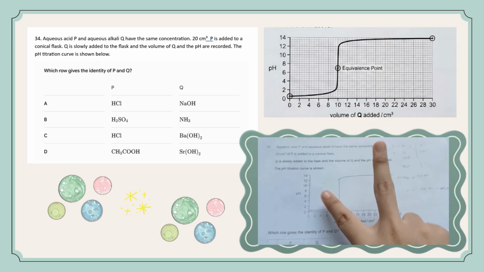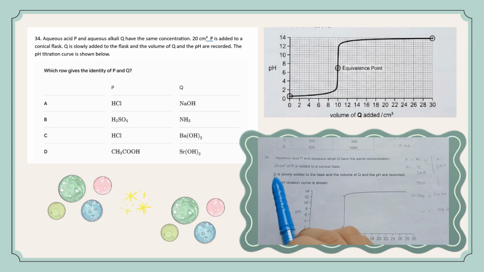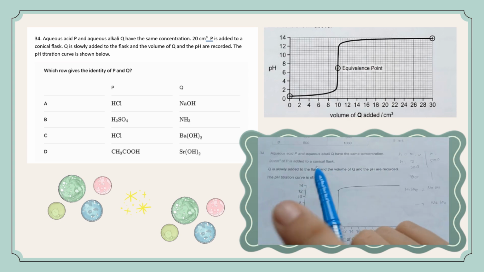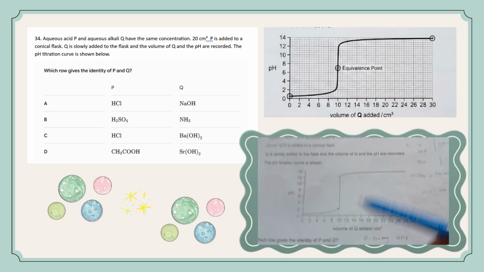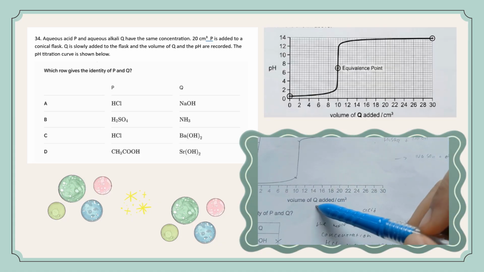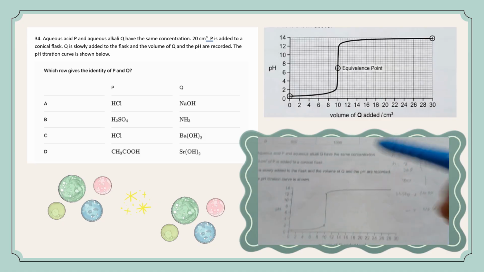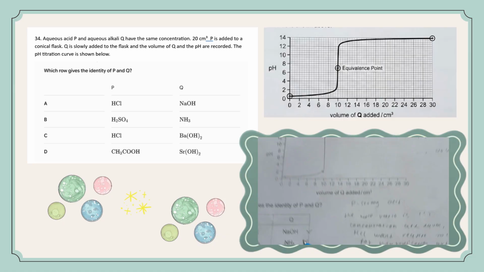This means that 1 mole of H plus needs this, but 1 mole of the alkali Q needs 2 concentration of OH minus. So let's go here.